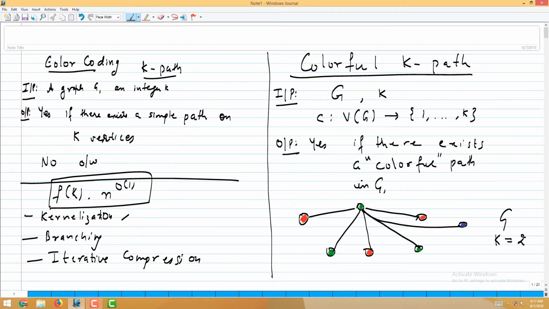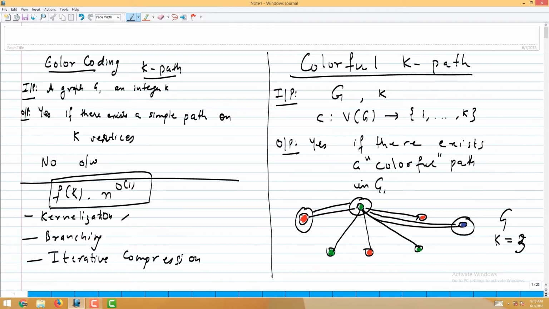So this was my input graph, and let's say k was 3. In this input graph I'm interested in finding a path on 3 vertices such that all its vertices are colored differently. What is one such path? If you look at this path from here to here to here, this is a path on 3 vertices and all the vertices in this path are colored with different colors, right?